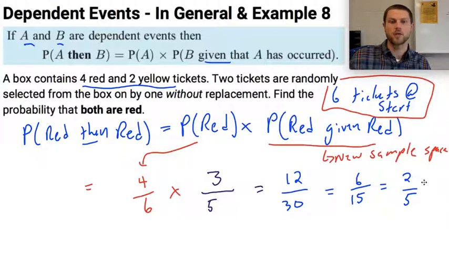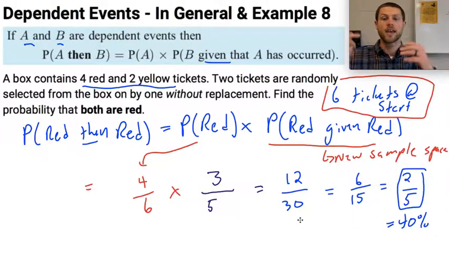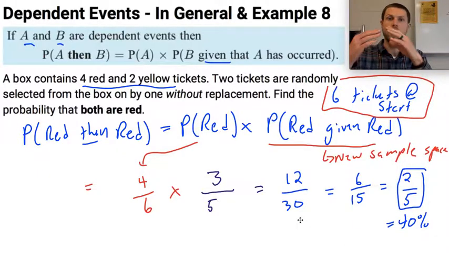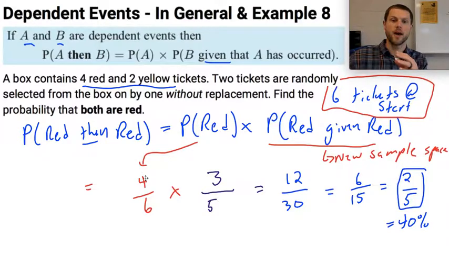So this reduces down to a probability of 2/5, which is equal to 40%, or 0.4 probability. So again, once I take the initial sample space of my probability of the red occurring, I need to recalibrate my sample space, recalibrate the number of possible outcomes for success, and use that as my second probability. Sometimes it helps to visualize this, maybe drawing something or thinking about what's actually going on in this problem.